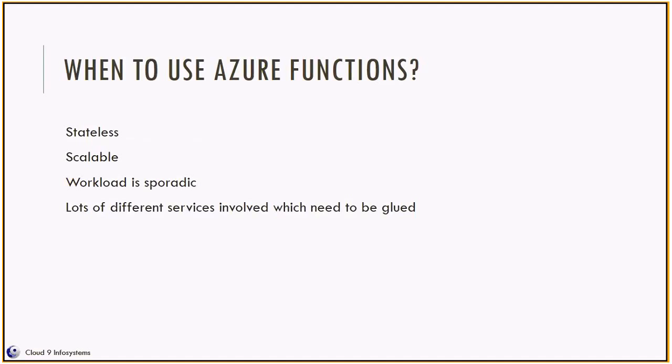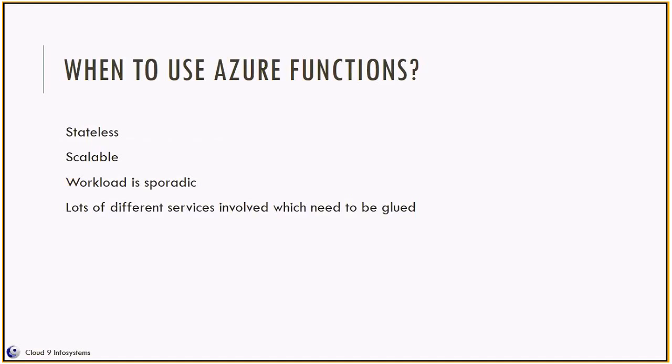For example, if I know that I'm going to get a lot of HTTP requests, then I would like to scale my function to handle those many requests. So if the application needs scalability, Azure Functions is an answer to it. Number three, in continuation with the previous point, Azure Functions will be a good option if you expect that your workload is going to be sporadic.